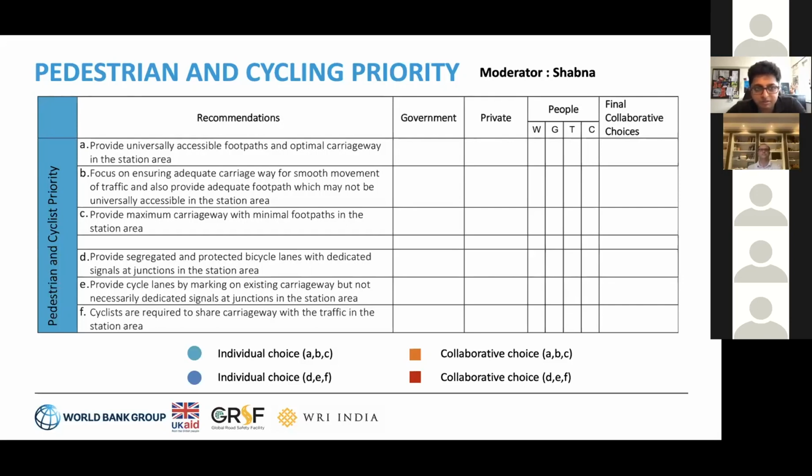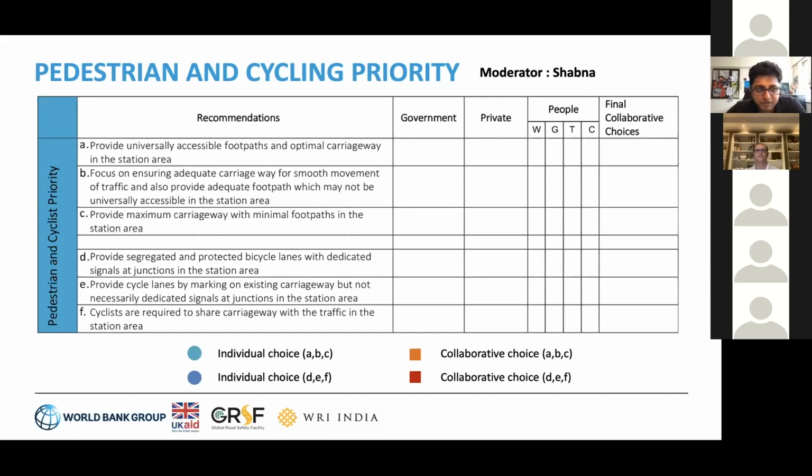So all the best suited elements for safe walking conditions for pedestrians and cyclists to some extent. Secondly, in a given road condition, you have increased widths of these footpaths to make them properly accessible, which means that we need to compromise on the carriageway a bit. So that's what option A says.